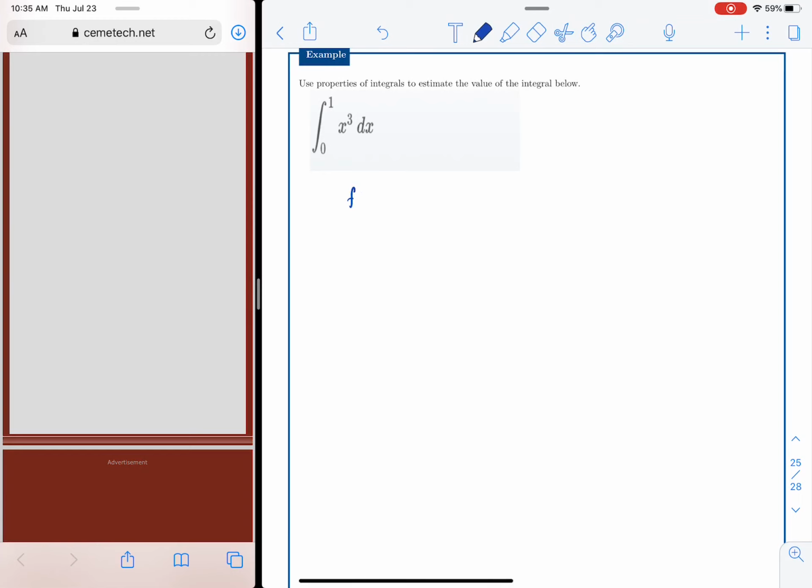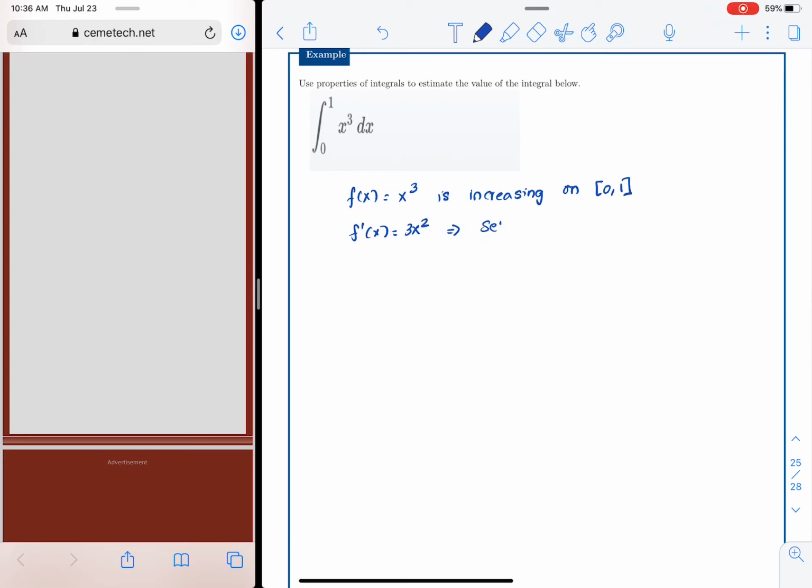So f of x equals x cubed is increasing on 0, 1. It doesn't have any critical values because f prime of x is 3x squared.